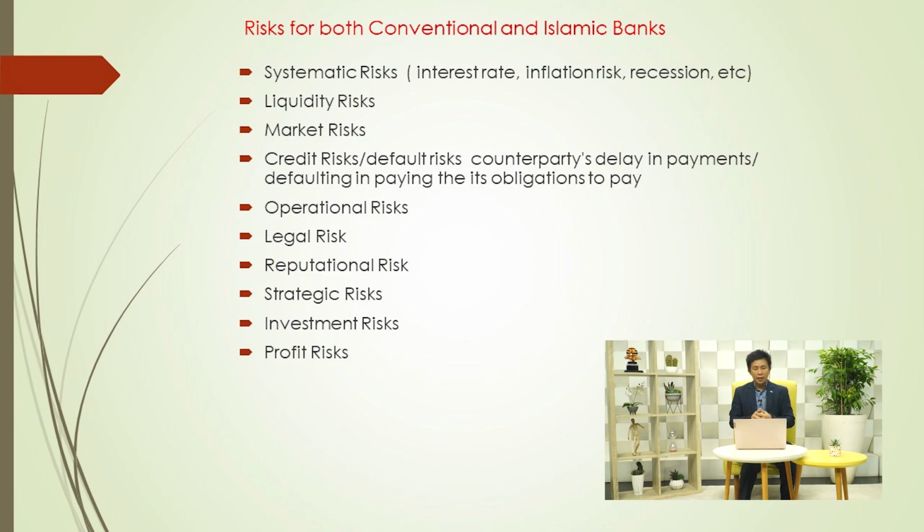Another risk is operational risk. This is a risk relating to the operations of conventional and Islamic banks. We also have legal risk. This is the risk that arises because of the non-compliance of banks with some regulations of the government or the monetary or central bank.